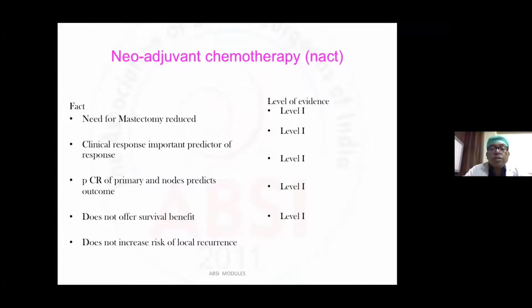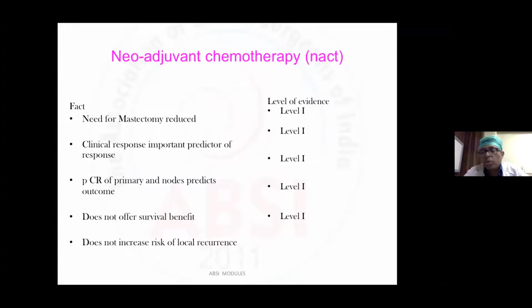Complete pathological response in the breast and the node predicts outcome. That used to be something. The recent consensus, this is not an updated version of the presentation, the recent consensus is yes, it holds true for aggressive triple negative breast cancer, not so much in terms of the luminal cancers. It does not offer survival benefit.